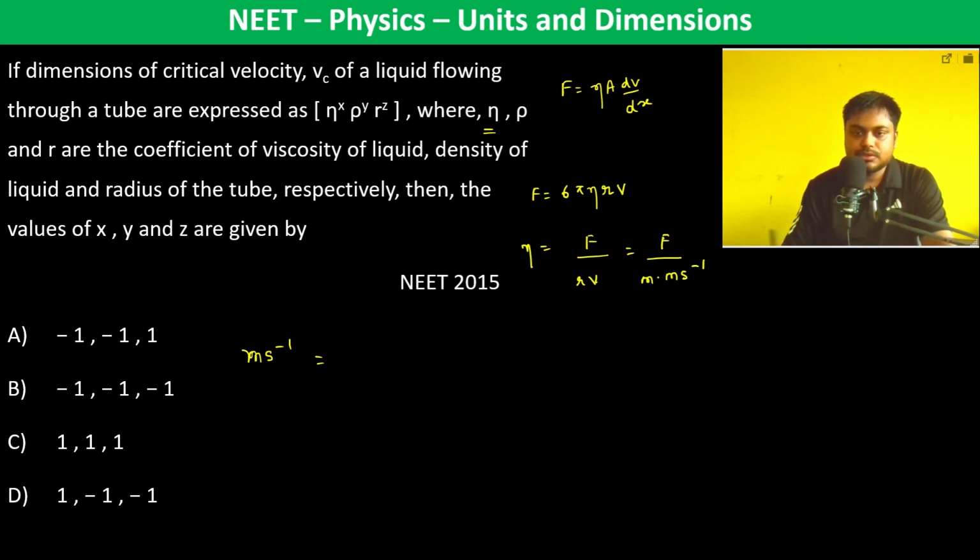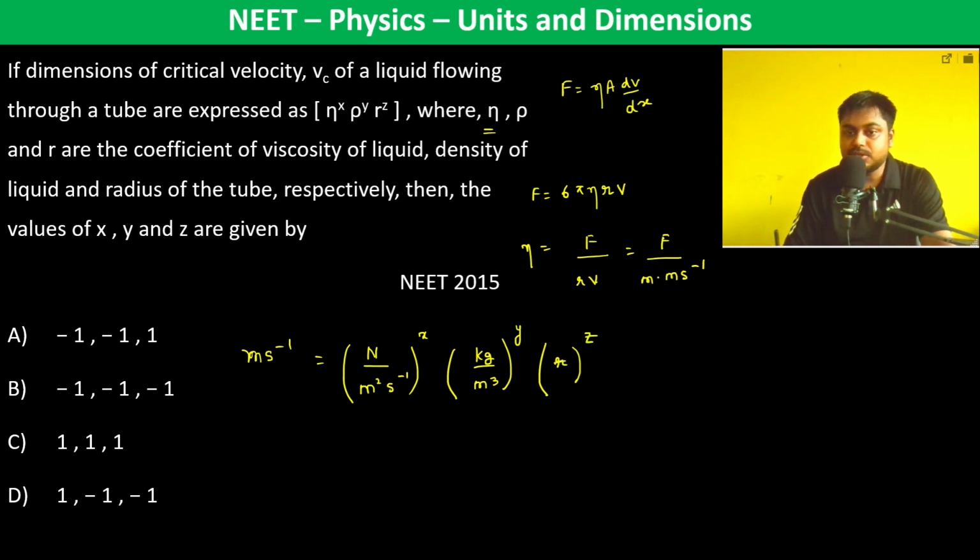So therefore this is Newton by meter square per second to the power x. Now rho is the density, so this is kg per meter cube to the power y, and radius to the power z, which is meter. Okay, so let us solve this. So this is kg m s minus 2 by m square s minus 1. Gone. This is minus 1.